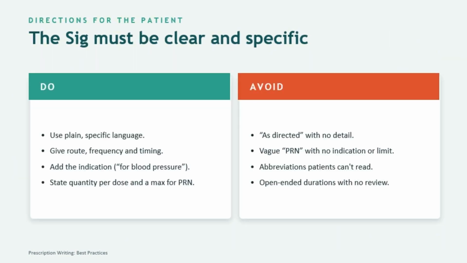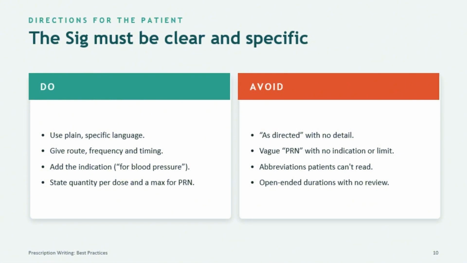The SIG, the directions for the patient, deserves special attention because this is what the patient actually reads. On the do side, use plain, specific language, give the route, frequency, and timing, add the indication, like "for blood pressure," which really helps adherence, and state the quantity per dose with a maximum for PRN medicines.